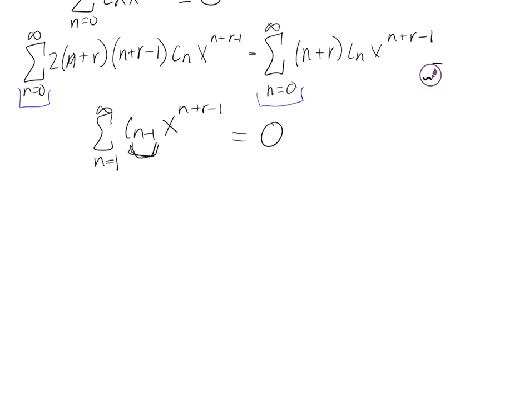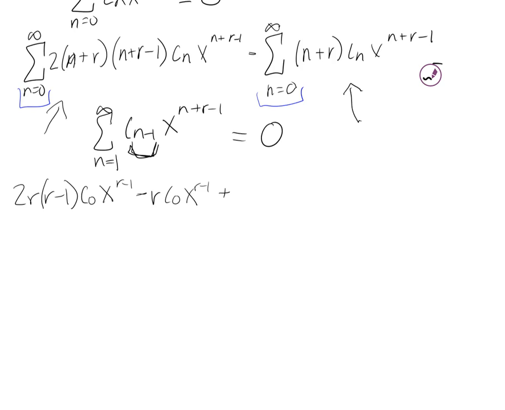So when we plug in 0 into this equation right here, we get 2r times r minus 1 c naught x to the r minus 1, minus, and then when we plug in n equals 0 here, we get minus r c naught x to the r minus 1.